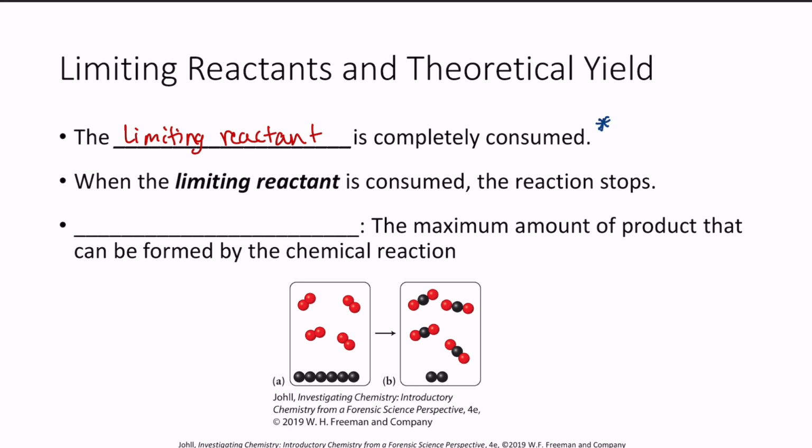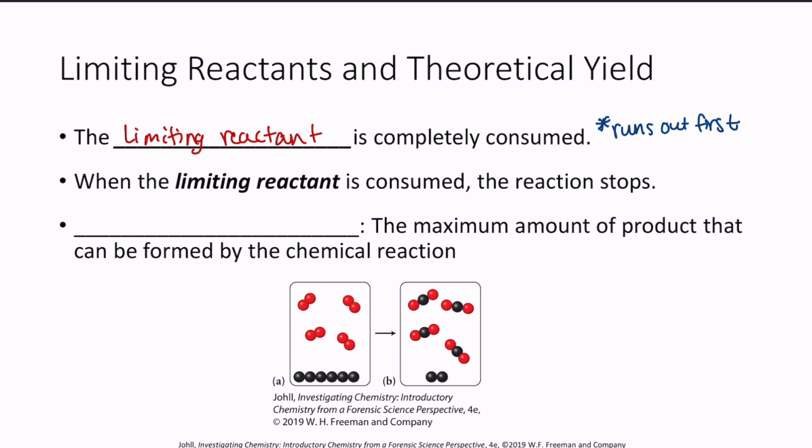Another way of thinking about this is it runs out first. So if you completely run out of one reactant, then the reaction is going to stop. So when the limiting reactant is consumed, the reaction stops. It limits the amount of product that you can make.